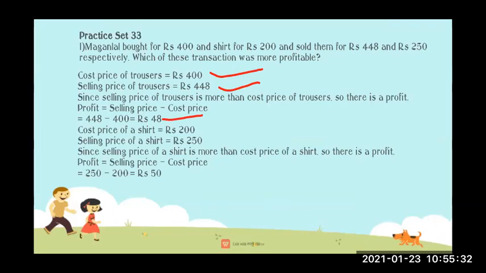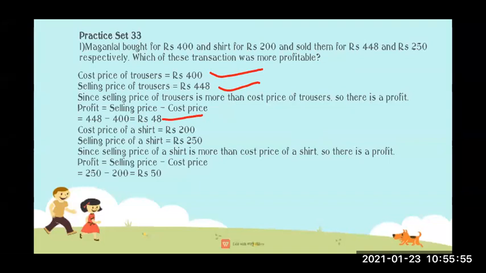Now the same we will do for the shirt also. So we will write cost price of shirt is rupees 200 and selling price of a shirt is rupees 250. So here there is also a profit. So we will write the statement: selling price of a shirt is more than cost price of a shirt, so there is a profit.